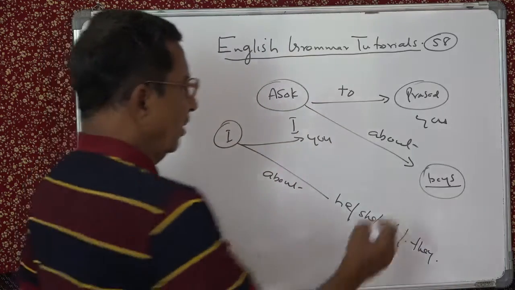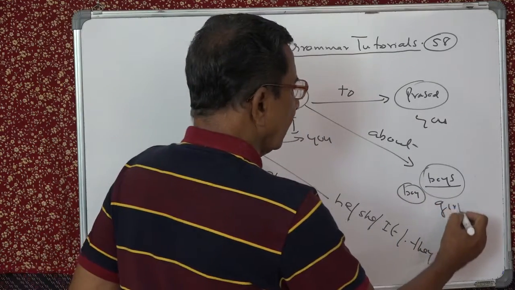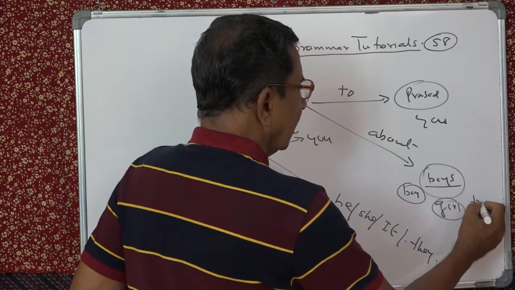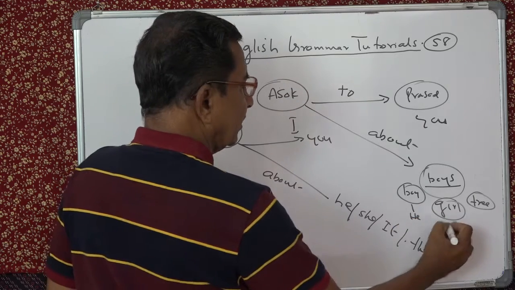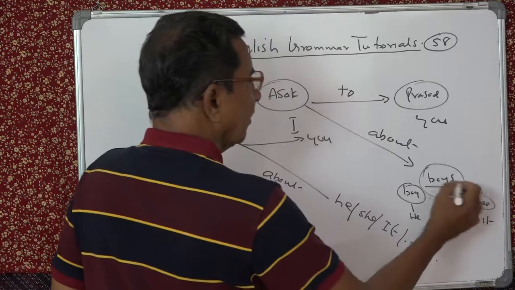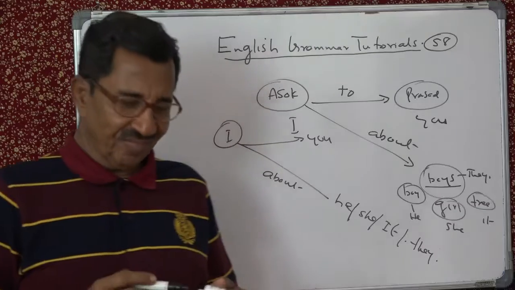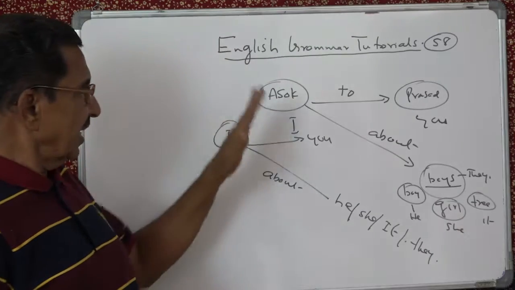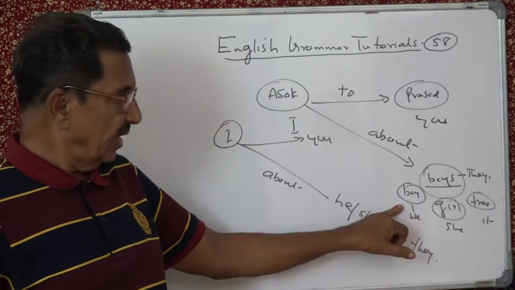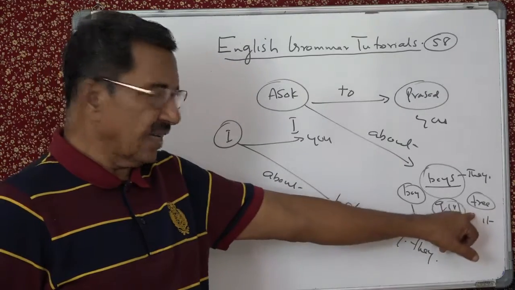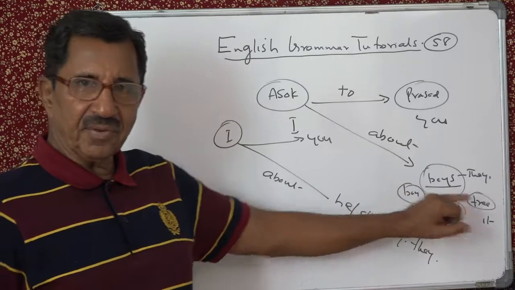If more than one, boy, singular, he; girl, she; tree, it; boys, they. Did you get that? So here we are. I speak to Prasad about a boy, he; about a girl, she; about a tree, it; about boys, they; about girls, they; about trees, they.